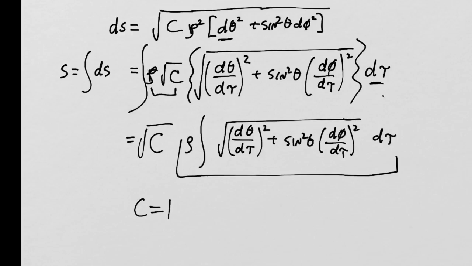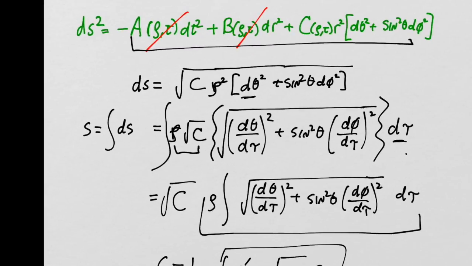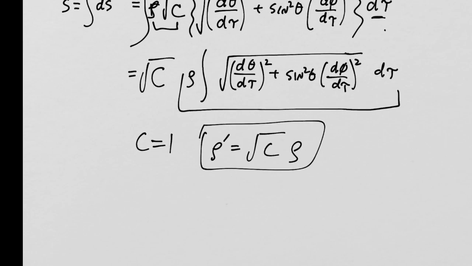But if we imagine that we set a new variable, rho prime, equal to the square root of c times rho, then once you made this change of variables in this metric, or this coordinate system, it will turn out that this part up here just ends up being rho prime, which is exactly the Euclidean answer, or I should say the flat space answer.